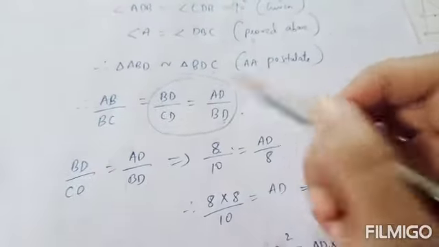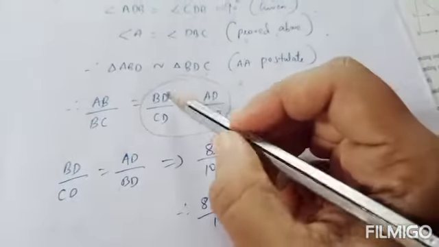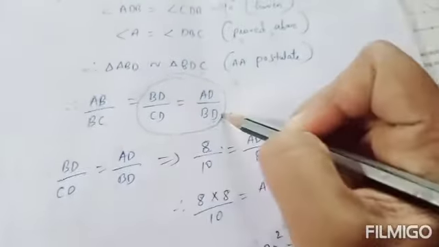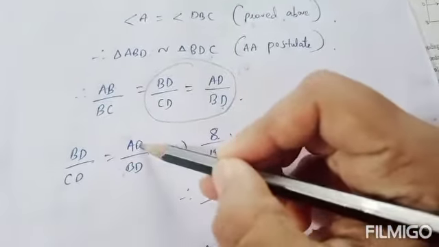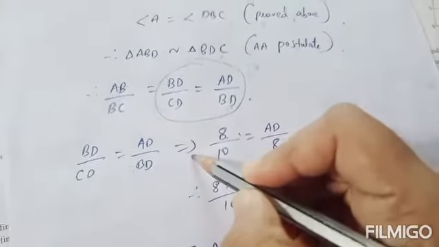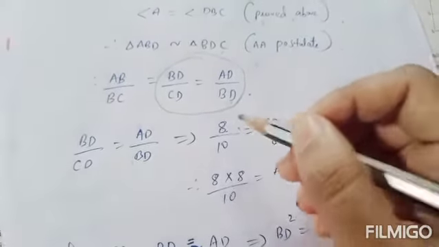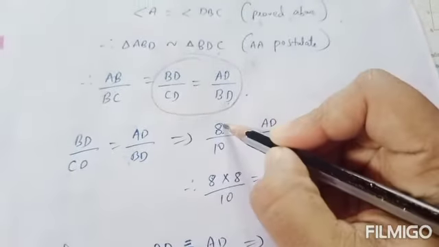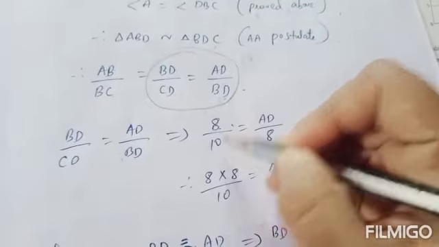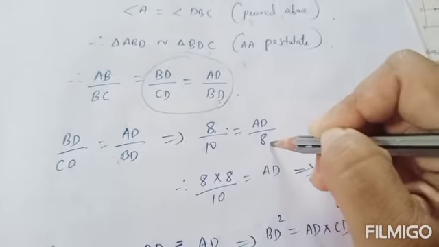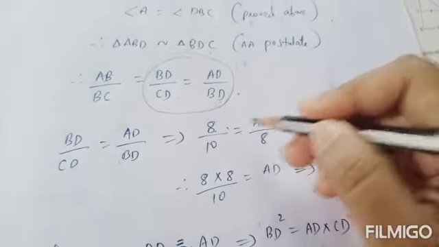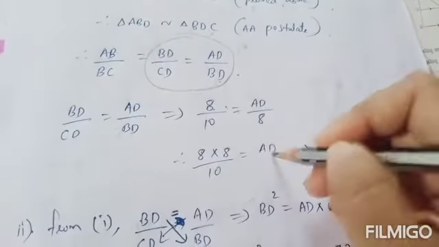Okay, you need to find AD given the length of BD and CD. So you can take these two ratios, BD by CD equal to AD by BD, implies, now substitute the values of length of sides, that is BD 8, CD 10. So 8 by 10 equal to AD by BD, it is 8. So AD by 8. So what you will get the length of AD?